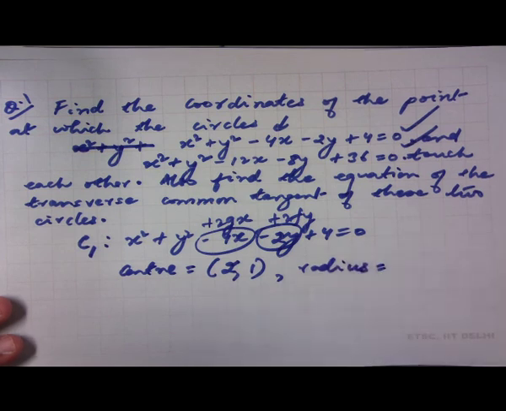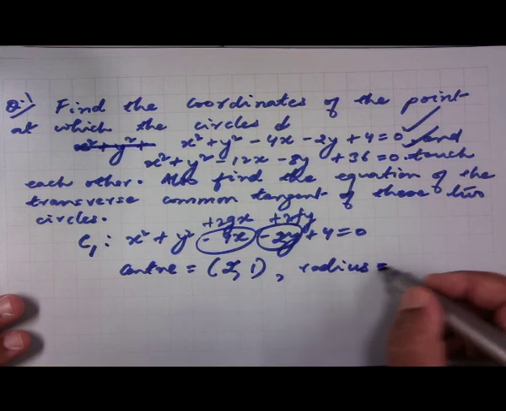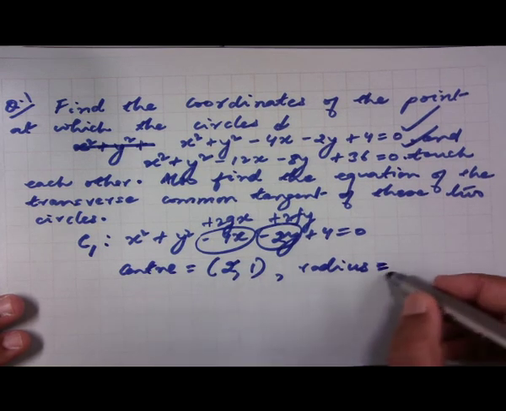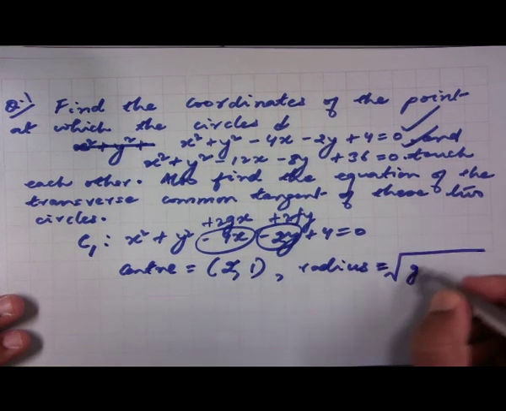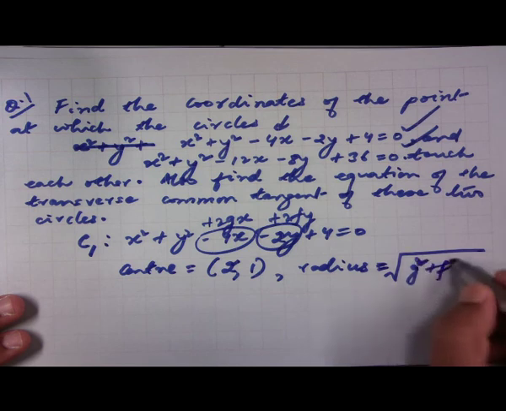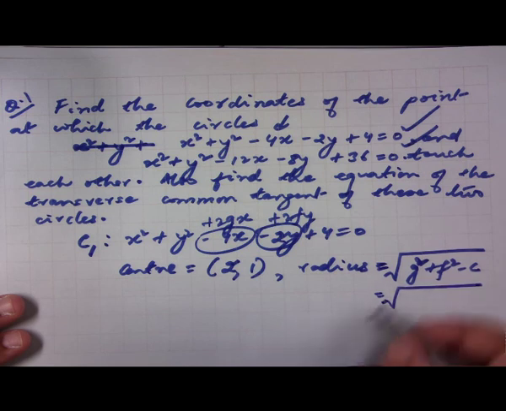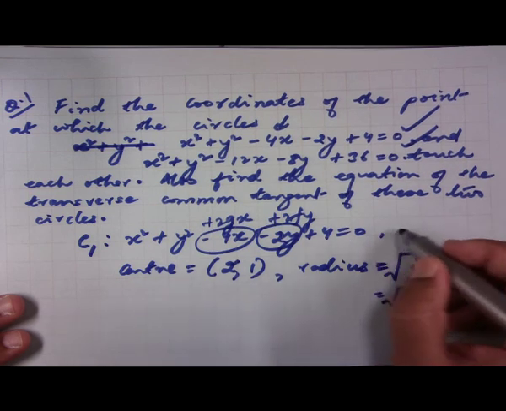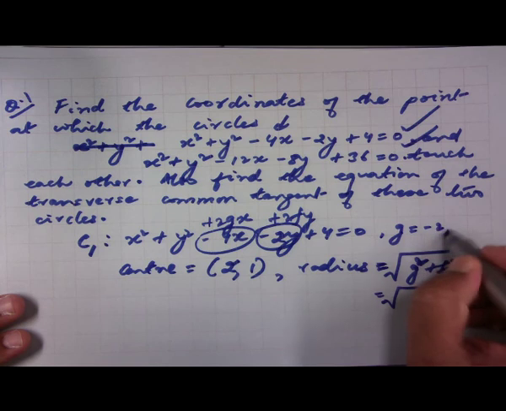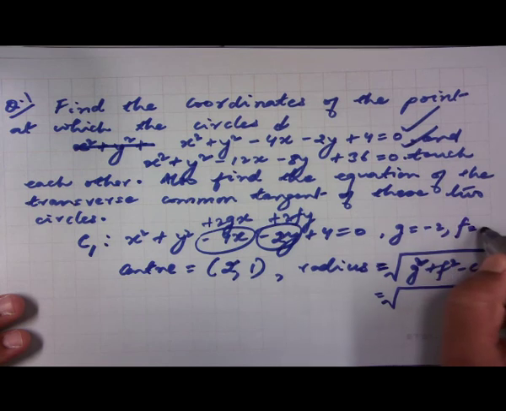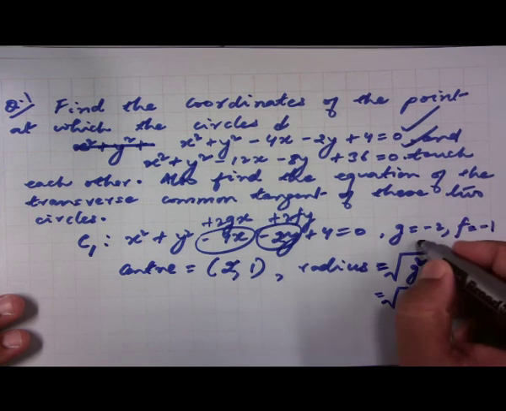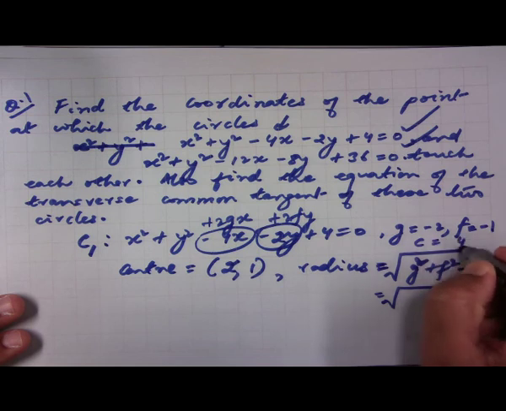And the radius is of course equal to square root of g square plus f square minus c. So for this we know that g is minus 2, f is minus 1, c is 4.